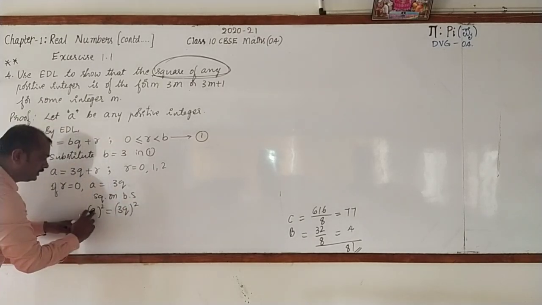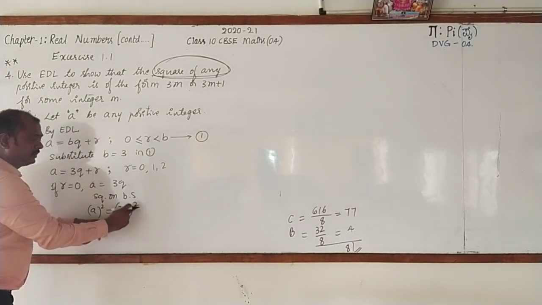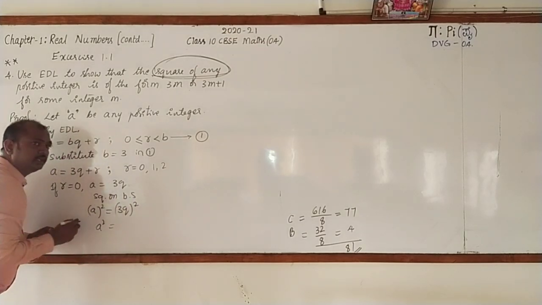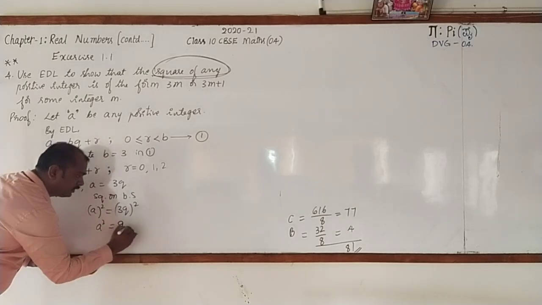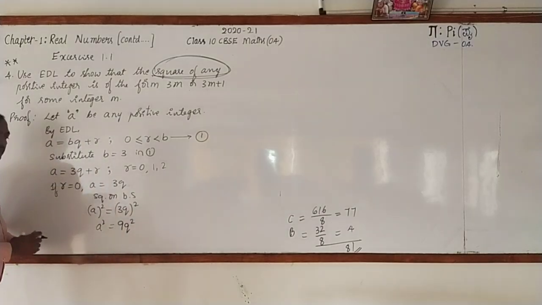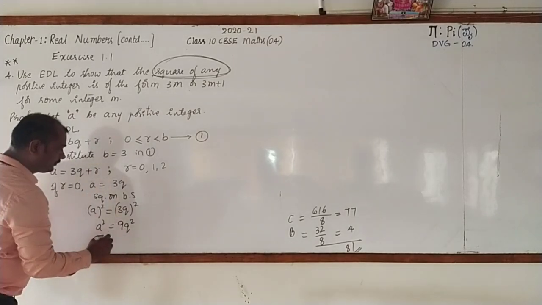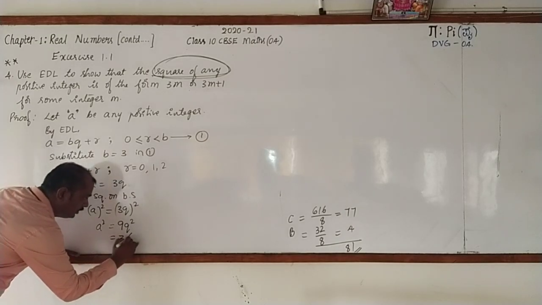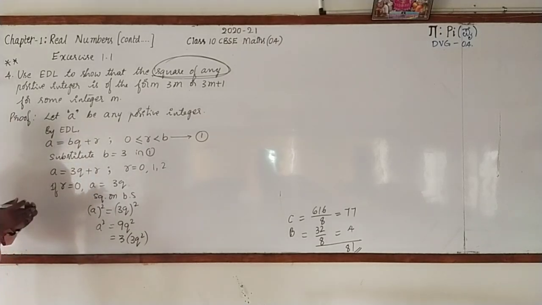Now, a whole square is a square, 3q whole square. Please do remember, square should be applied to both 3 and q. What is 3 square? 9. q square as it is. So, a square equal to 9q square. Now, we can write it as 3 into 3q square. Is it not? 3 3s are 9. You may be thinking that, sir, why it is so?